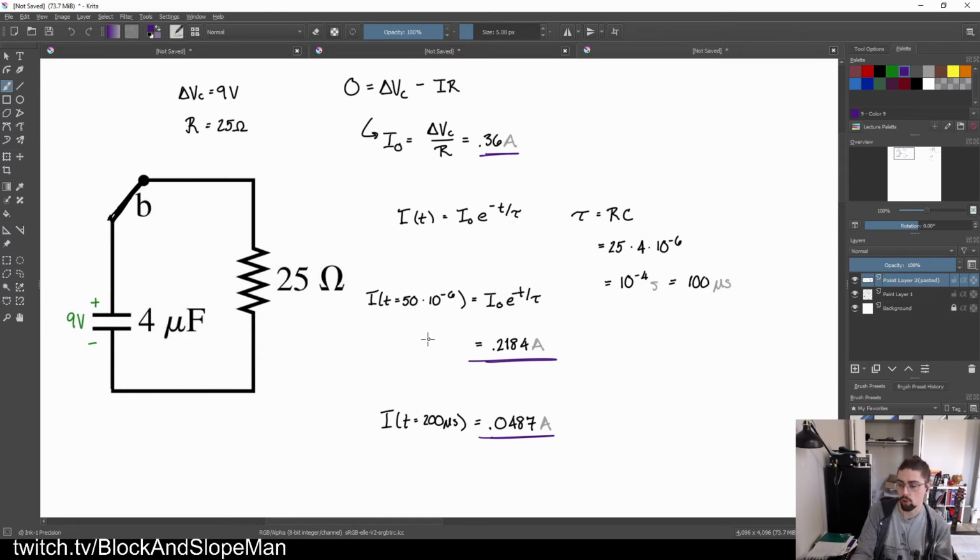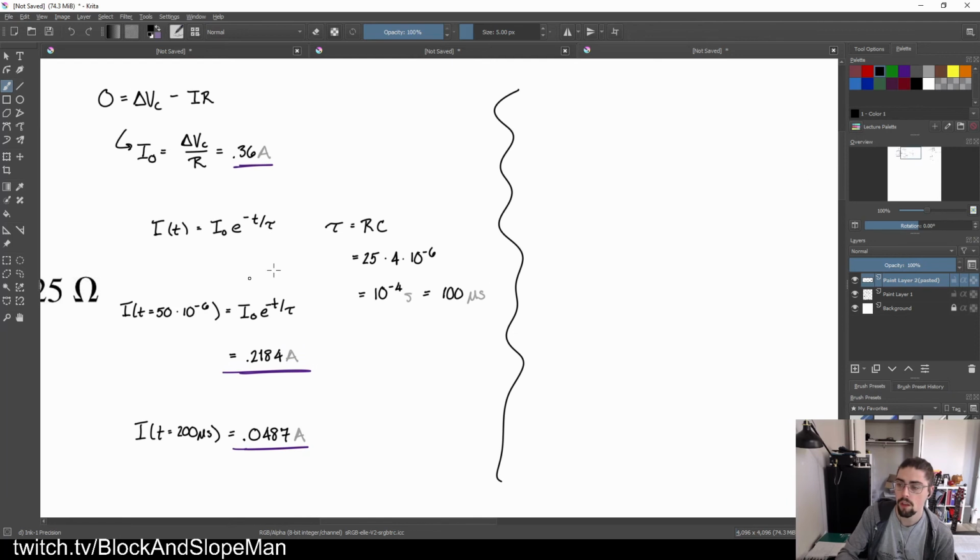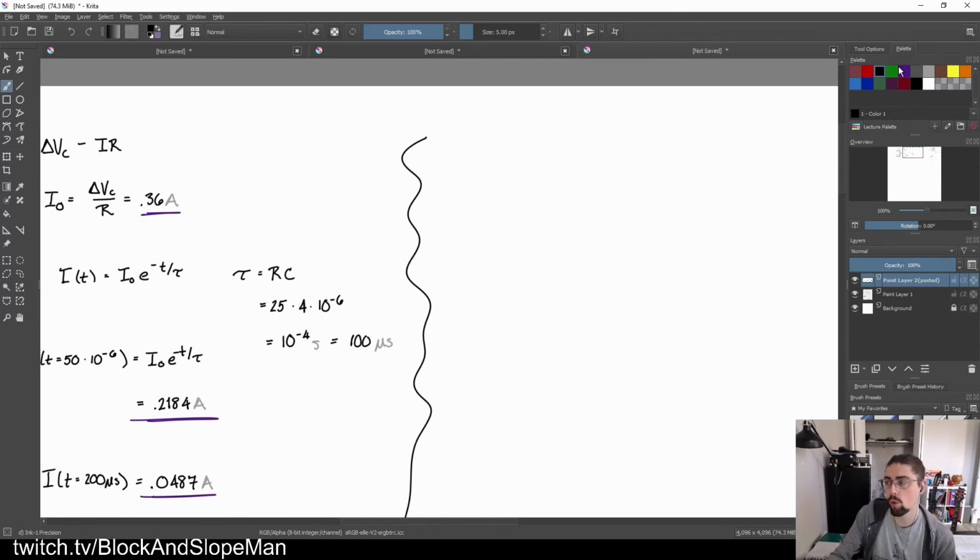Now, I said we were going to do currents first and then charges. So let's do that. Let me draw a squiggly line here. The first thing, when we start, even before we close this circuit and allow the charge to start flowing through, we have our initial charge Q, because we had this old equation that said the capacitance is defined as the charge on a capacitor divided by the potential difference acting on that capacitor.